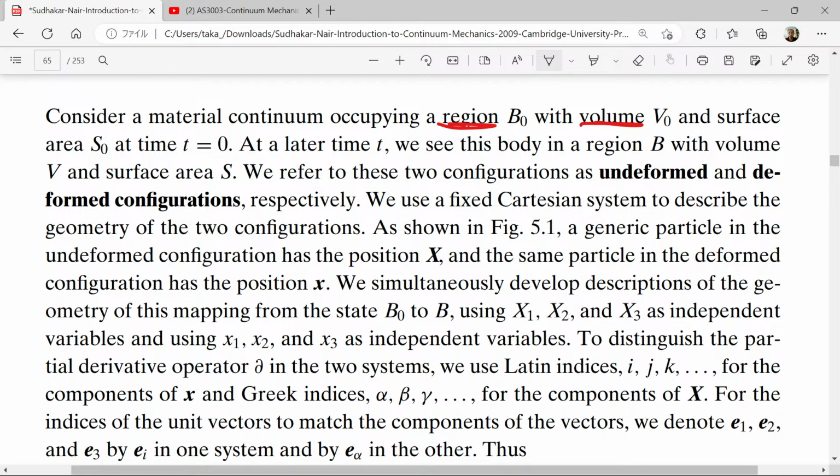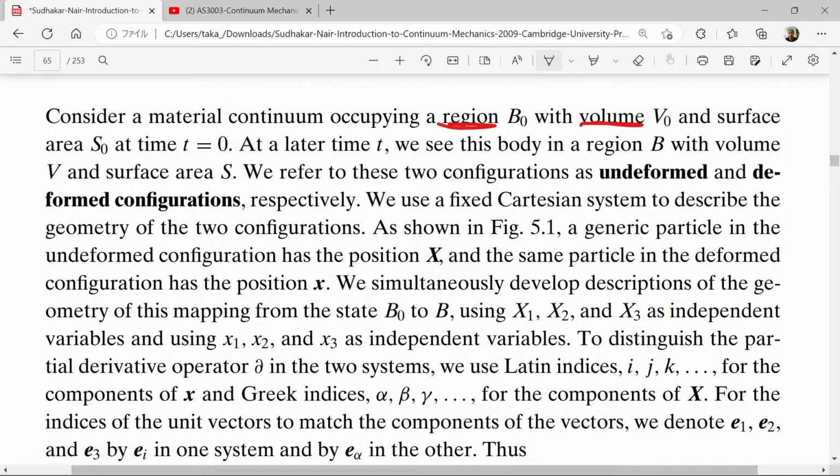And the surface area S. We refer to these two configurations as undeformed and deformed configurations, respectively. We use a fixed Cartesian system to describe the geometry of the two configurations.